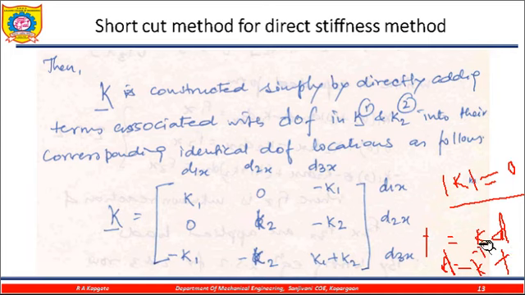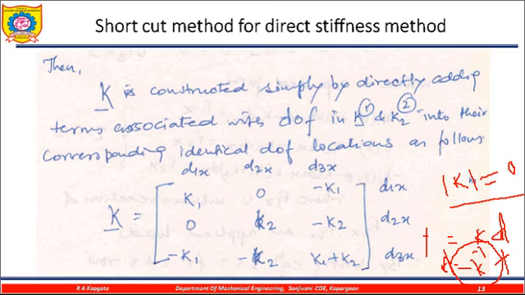So I need to calculate the inverse of the k matrix. If the k matrix is singular and its determinant is 0, then we cannot find the inverse, and ultimately we cannot solve the problem. That is why we apply the boundary conditions.